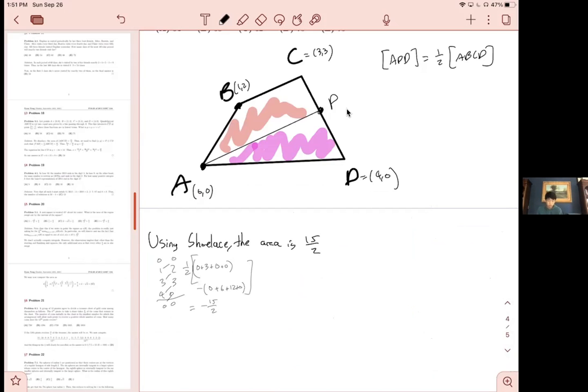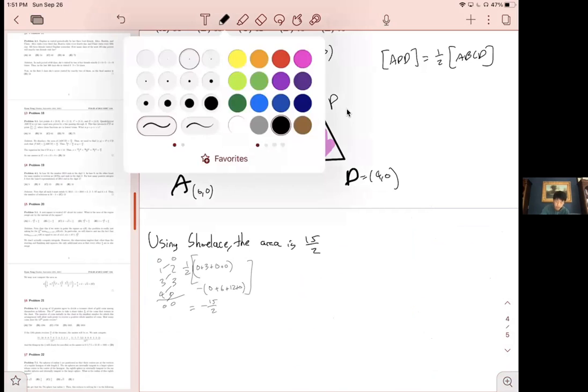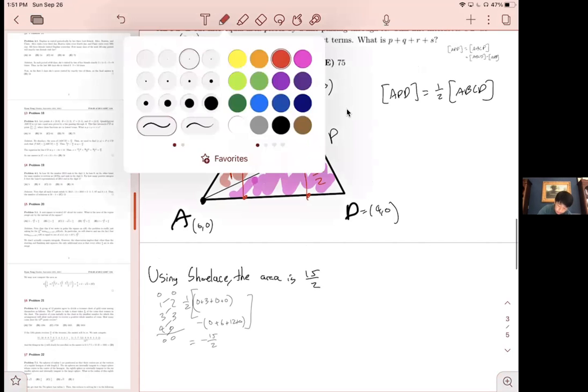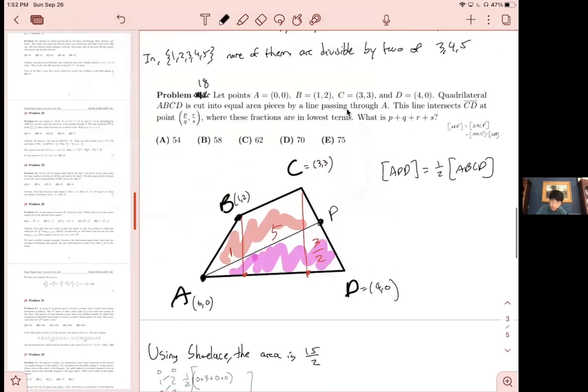And you can also just get it by dropping altitudes and then finding the areas of each trapezoid. Like the area of this should be 1, the area of this should be 5, and the area of this last one should be 3/2. Yeah, and then summing those up, it gives you 15/2 again. Okay, the trapezoids thing is probably easier.